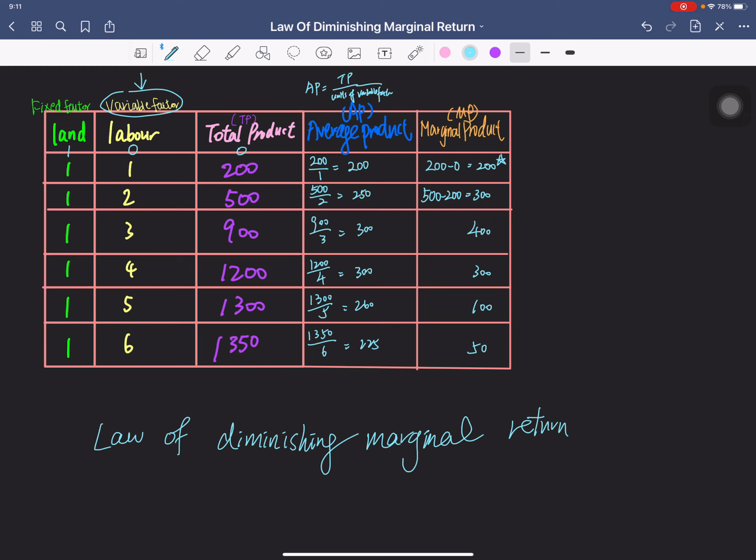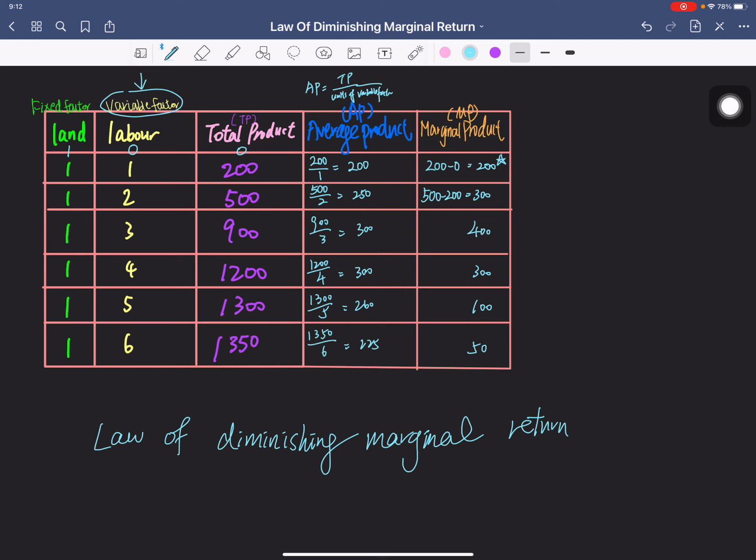You should recite the definition already. Remember, you have to give the keywords in order to make this definition a complete one. In the short run, remember, we only have the law of diminishing marginal return possible in the short run, because the law illustrates that we have the fixed factor as a constraint on the use of the variable factor.